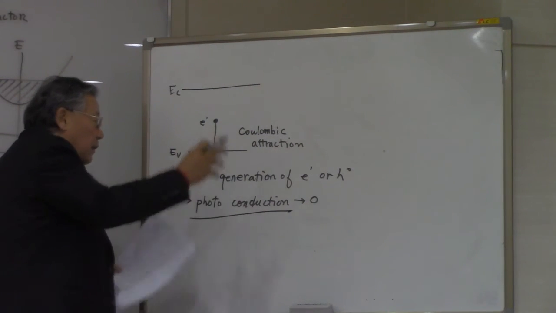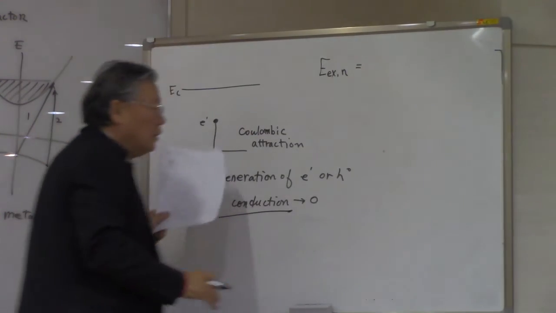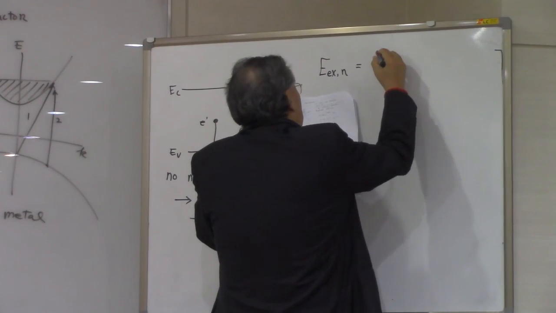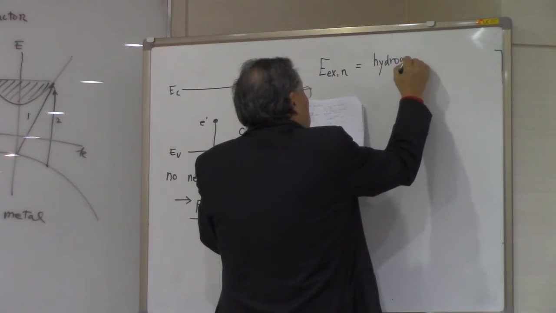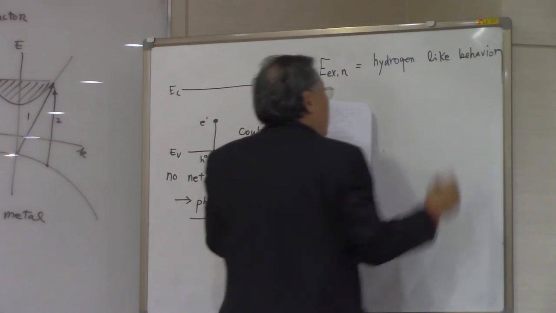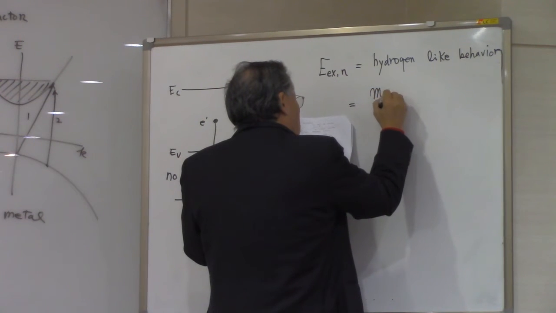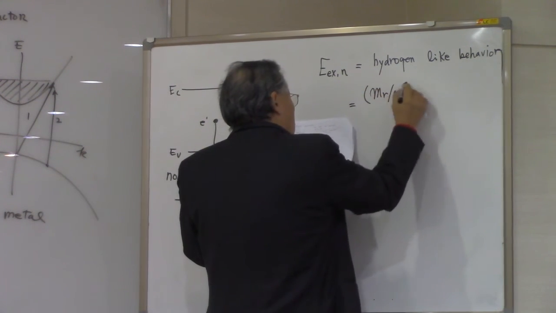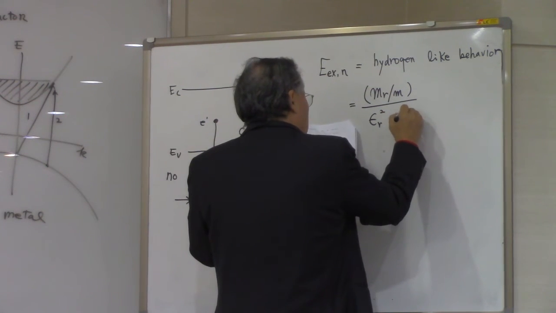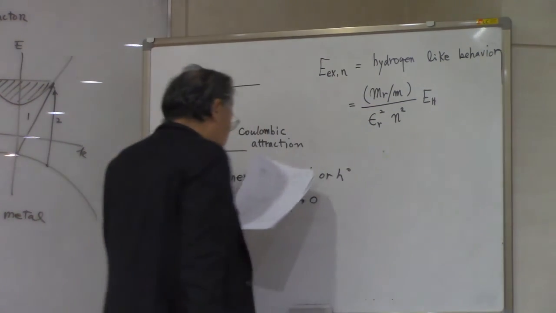Anyway, once you have this exciton, the exciton energies, as you can see in this figure, we have just one electron, so it is going to have a hydrogen-like behavior. Okay, that's very natural to understand. And so the energy is going to be m_R over m, over the dielectric constant squared and n squared. That is the hydrogenic quantum state and the hydrogen energies.